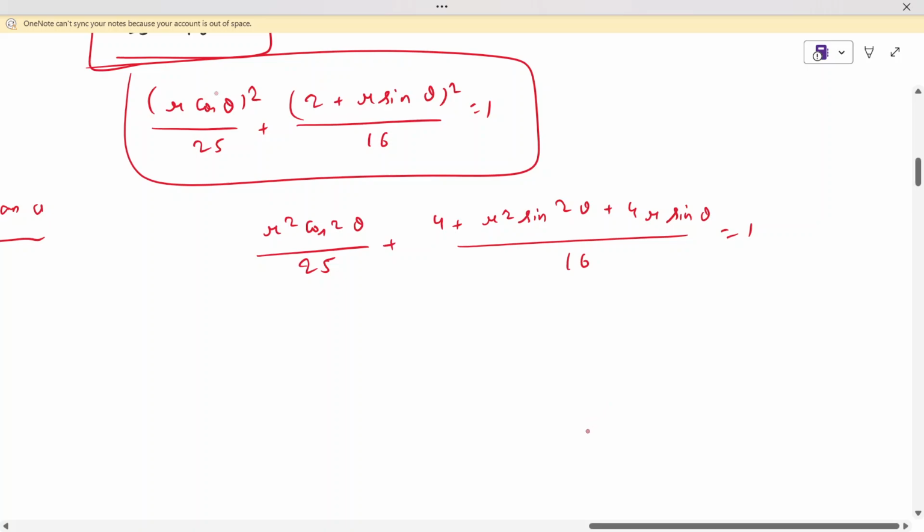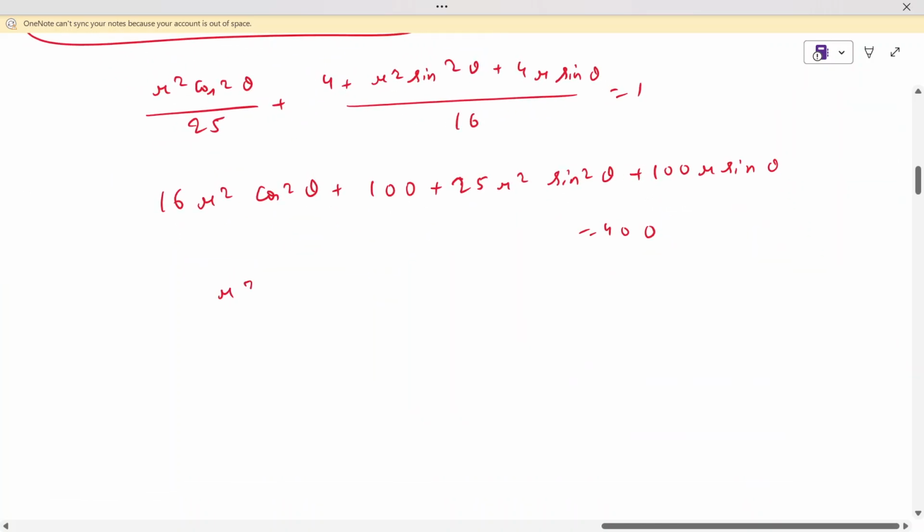Multiplying out, 25 r square sin square theta plus 100 r sin theta equals 400.